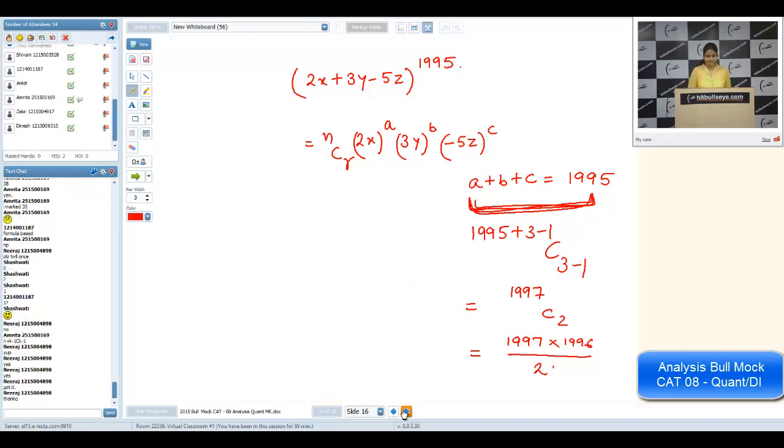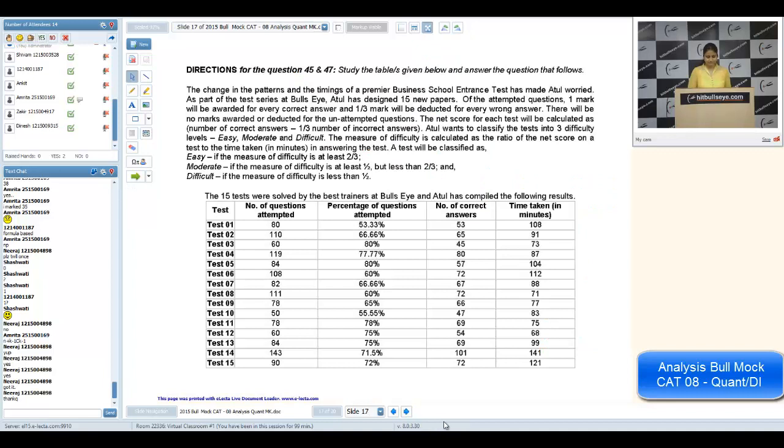Okay, let us move. Okay, 45 to 47. I don't think it was a difficult question except the last question for this set. Otherwise, this was easy. I have analyzed all these papers and the last 10 questions of every section. You always leave the last 10 questions. That's why they are coming again and again in the difficult category.